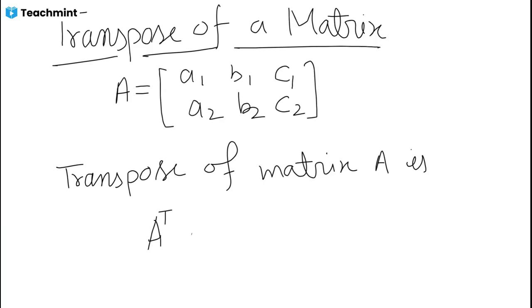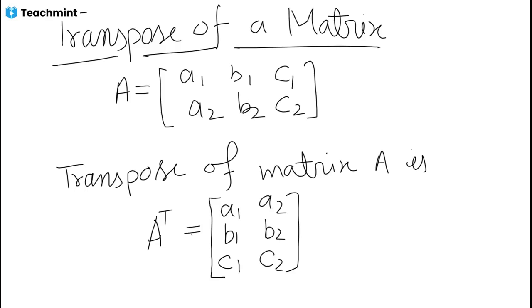To find the transpose, just convert rows into columns. So we are converting rows into columns: A1, B1, C1, A2, B2, and C2. This is the transpose of matrix A.